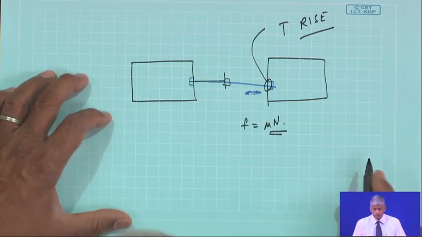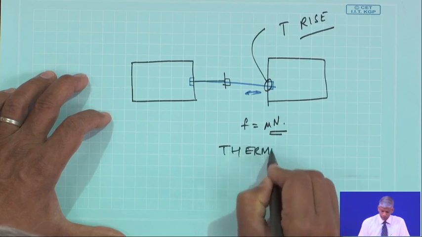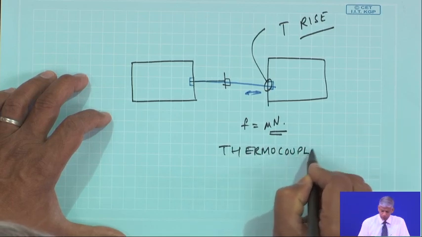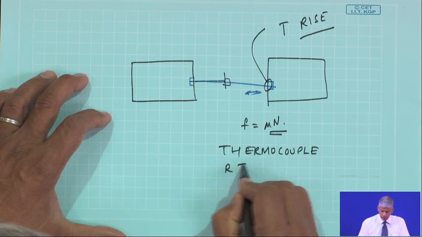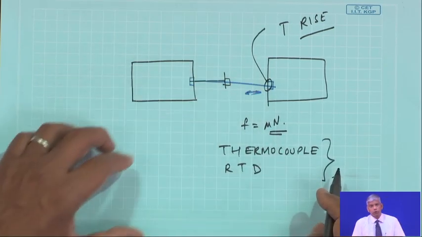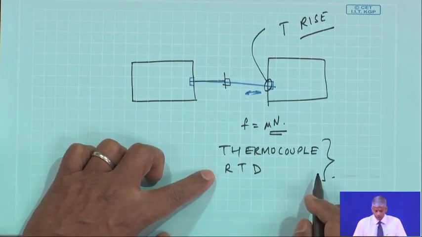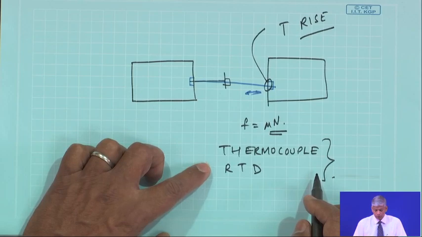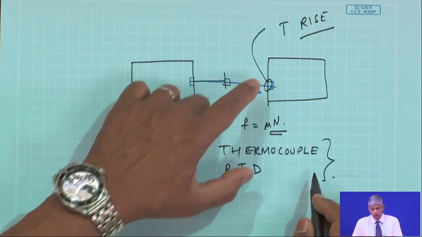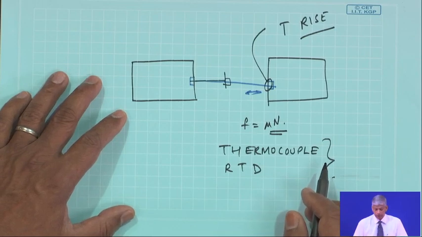Well, how can we measure temperature? We know if we use a thermocouple, or a resistance temperature detector, RTD, etc., we can measure the temperature of any surface. But mind you, these are contact type sensors. So, we have to embed these sensors in the area where we are going to measure the temperature.